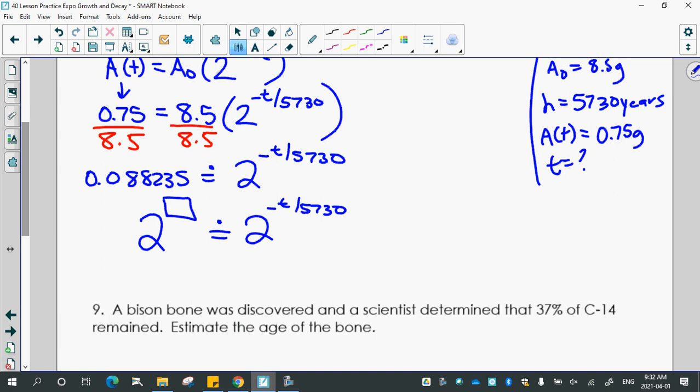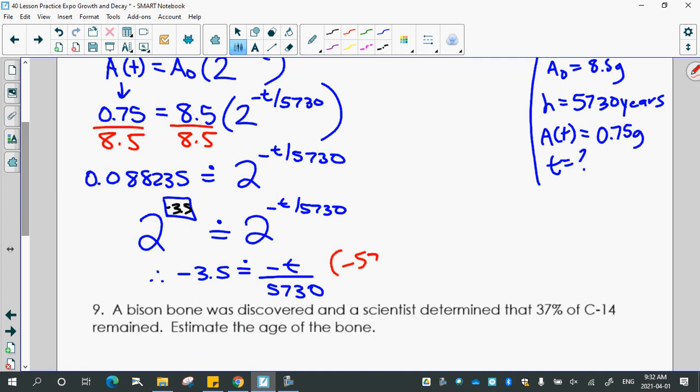Did you guys get that? Yeah, that's close enough. So therefore, negative 3.5 is approximately negative t over 5,730. And what would be a smart number to multiply both sides by?